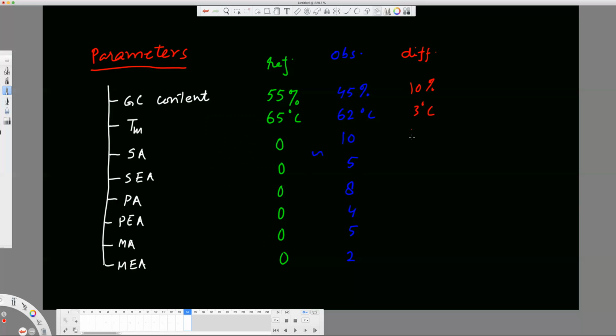This is 10 unit, this is 5 unit, 8 unit, 4 unit, 5 unit, and 2 unit. Now, I can't just add up all this and say this is my final score, right? Because GC content and TM have different units. One is percentage, the other is centigrade, Celsius. And these other units, I'll show you how we calculate these values. They have separate units than what we have over here.